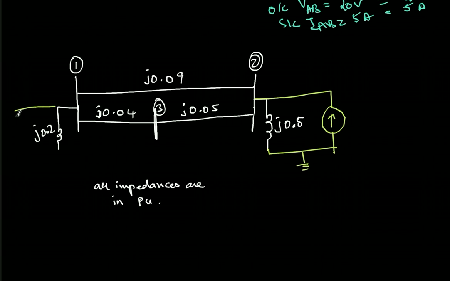And similarly, I will again show it as a parallel current source. This value will be I1, this value will be I2. Basically, this is the external current being injected into bus 1.